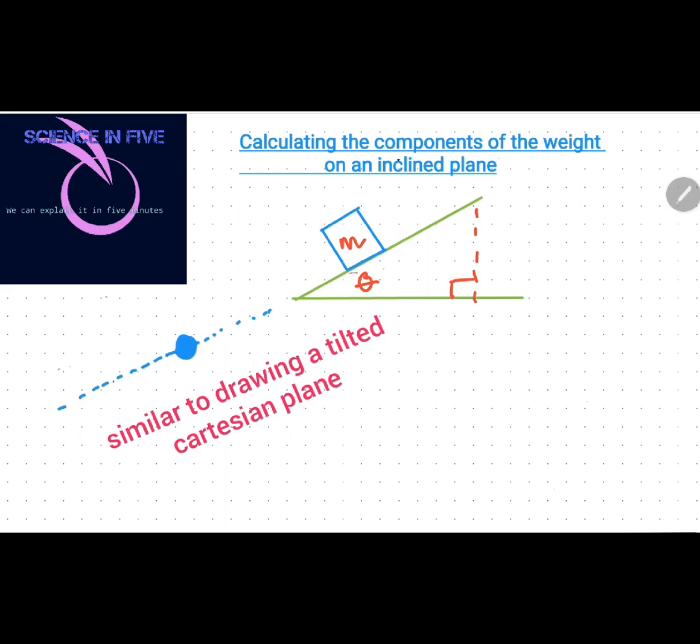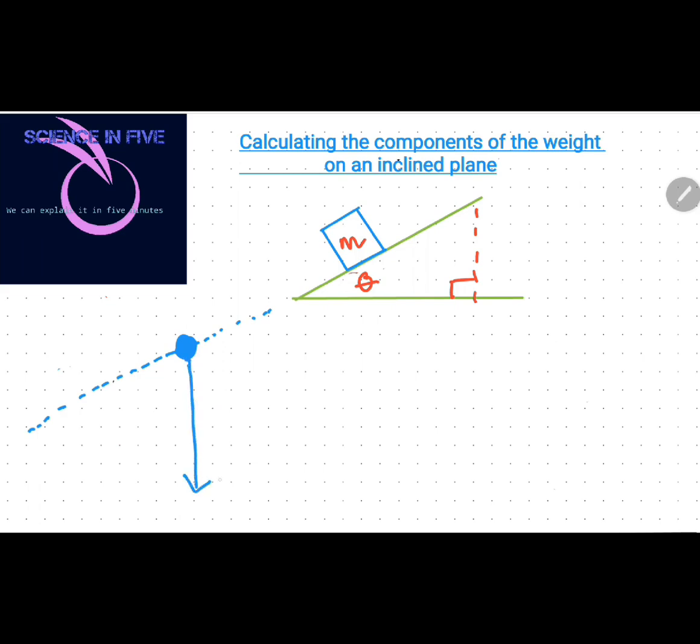And the first force we normally draw is the force going vertically down, which is the force of gravity. Okay, and if I imagine that this is the horizontal axis, the force of gravity is always perpendicular to the horizontal.